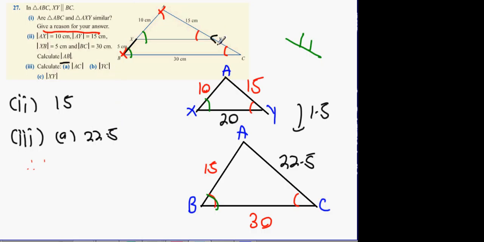Well, YC is from here to here: 7.5, because the full thing is 22.5. And then finally part C, X to Y, 20. That's it, guys. Once you fill out your small triangle and your big triangle, it all comes incredibly easy.